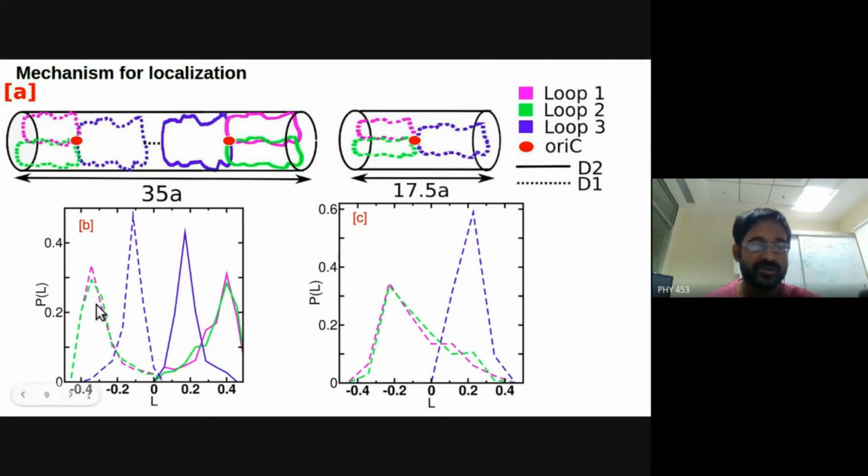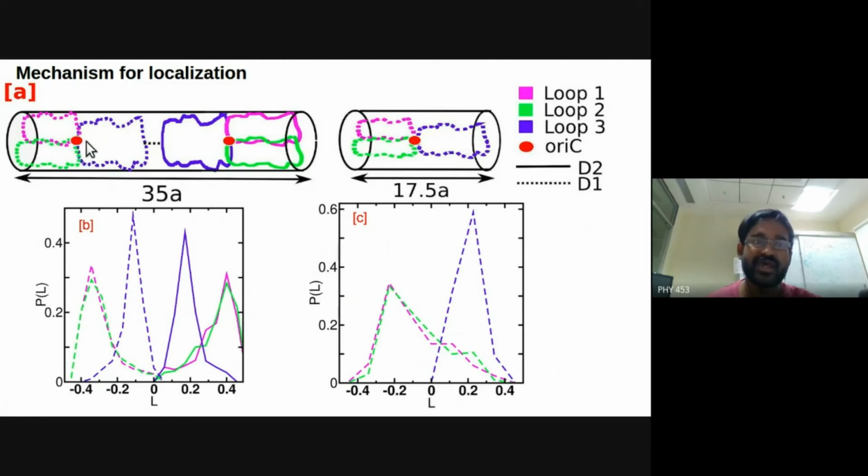We see that the distribution of the center of mass of the two smaller loops shows very little overlap with the distribution of the center of mass of the bigger loop. And that is true for the two polymer case as well as the single polymer case on the right. This indicates that the two smaller loops entropically repel the bigger loop.